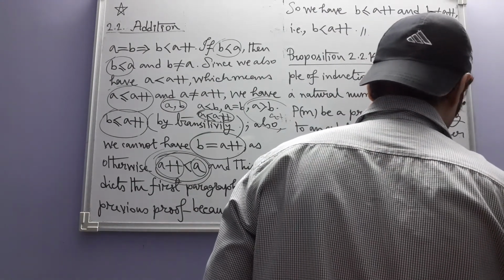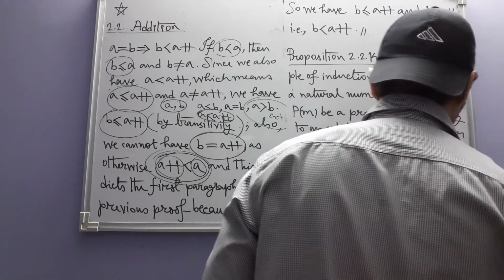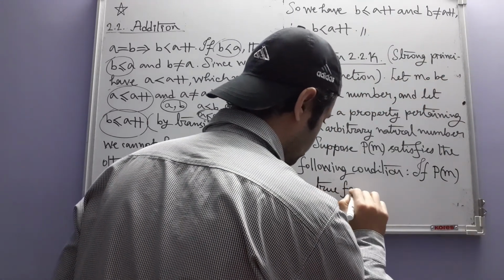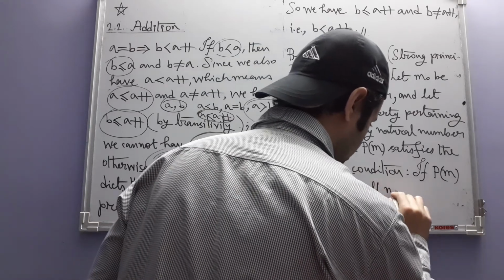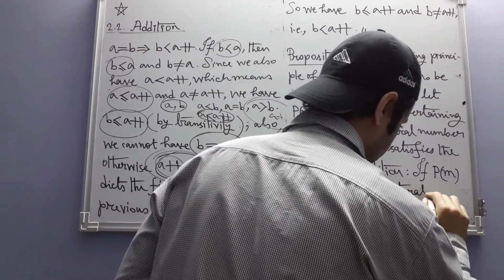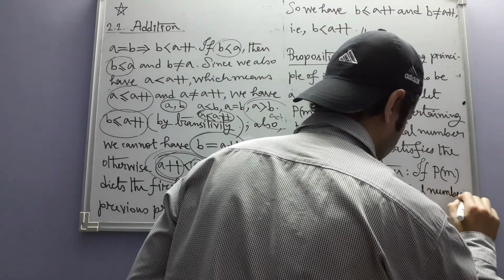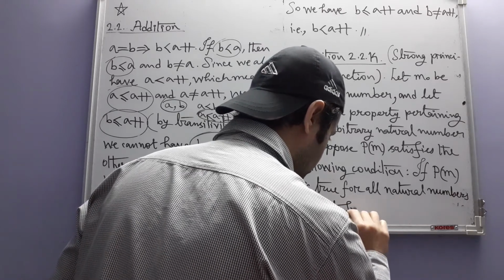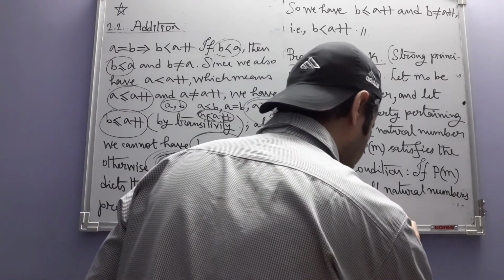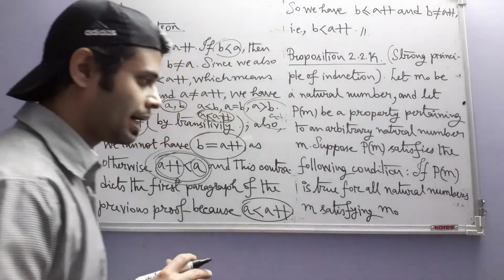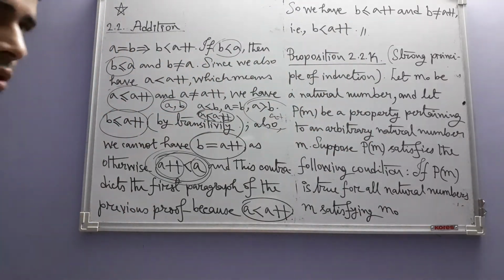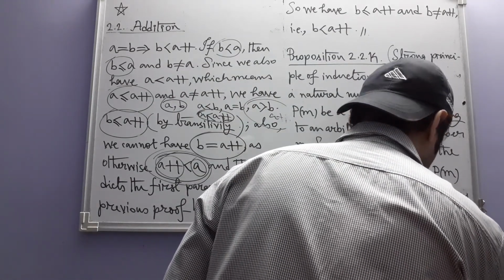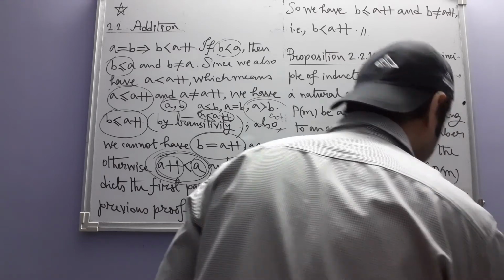If P(m) is true for all natural numbers m satisfying these inequalities. See, to write these inequalities, we need the order relation: m naught less than or equal to m strictly less than n.